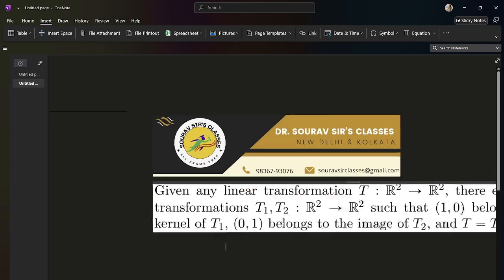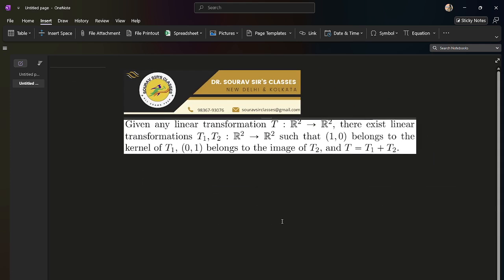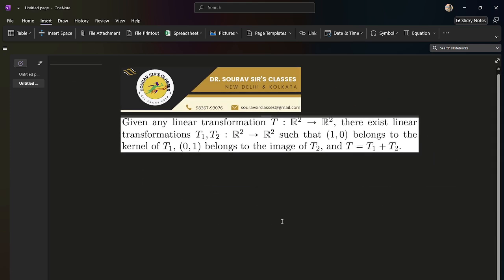Okay, so now we are going to solve a problem which is given in our TIFR GS 2025. The question is telling us that given any linear transformation T from R square to R square, there exist linear transformations T1 and T2 from R square to R square such that (1, 0) belongs to the kernel of T1 and (0, 1) belongs to the image of T2.